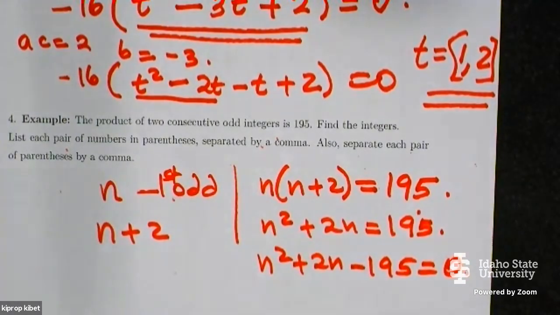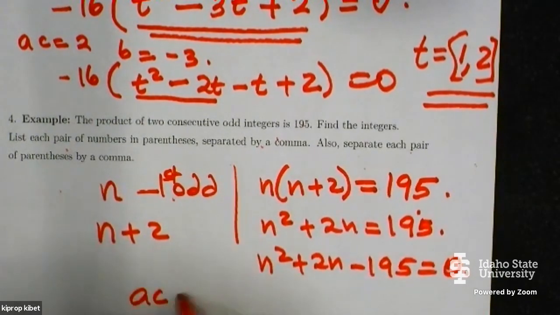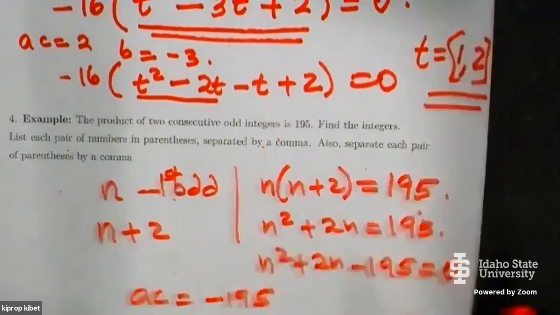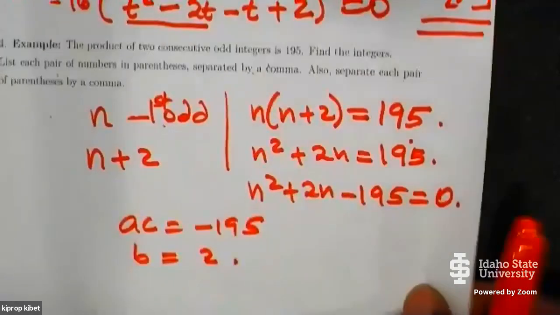So there, we can use the AC method. So the product is 195 times 1, and so AC equals to minus 195. And then B equals to 2. So what are the two numbers in which the product is 195 and the sum is 2?